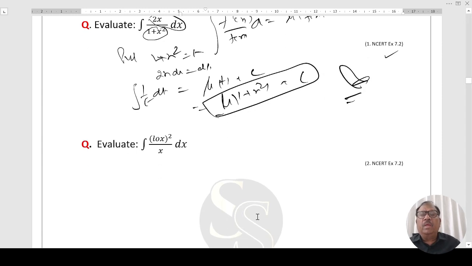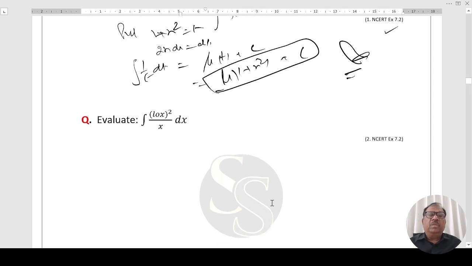Next question. In this case, check: there are two functions, one in the numerator, one in the denominator. The differentiation of log x is 1 by x. If we put log x equal to t, then 1 by x dx will be equal to dt.